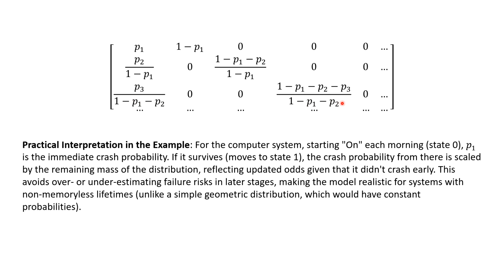Notice here we're dividing by 1 minus P1 minus P2, and then the next one, of course, you would have 1 minus P1 minus P2 minus P3. So let me take another shot at this in the next slide, and then after that we'll move on to the final example.